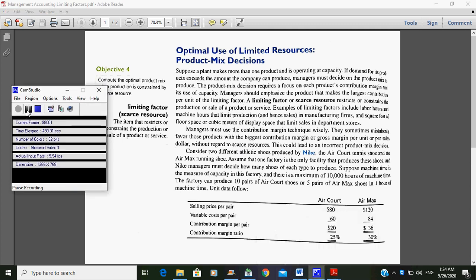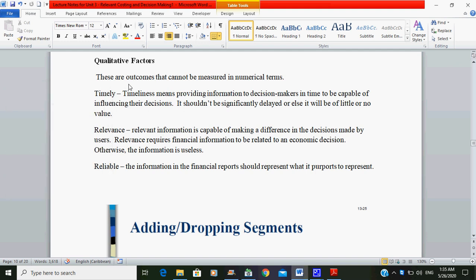Now we're going to have a look at qualitative factors. These are outcomes that cannot be measured in numerical terms. First one is timeliness. Timeliness means providing information to decision makers in time to be capable of influencing their decisions. It shouldn't be significantly delayed or else it will be of little or no value.